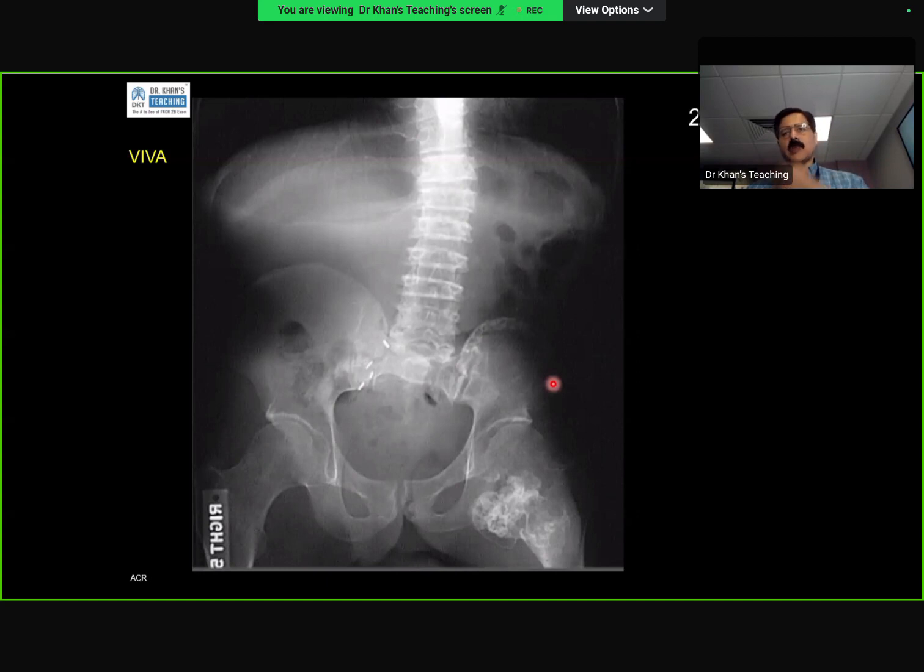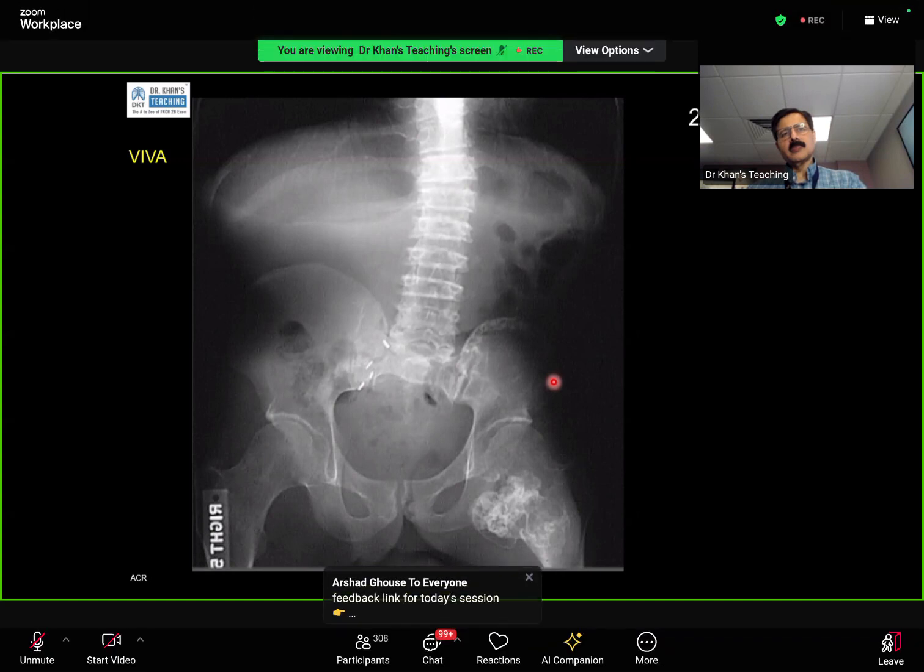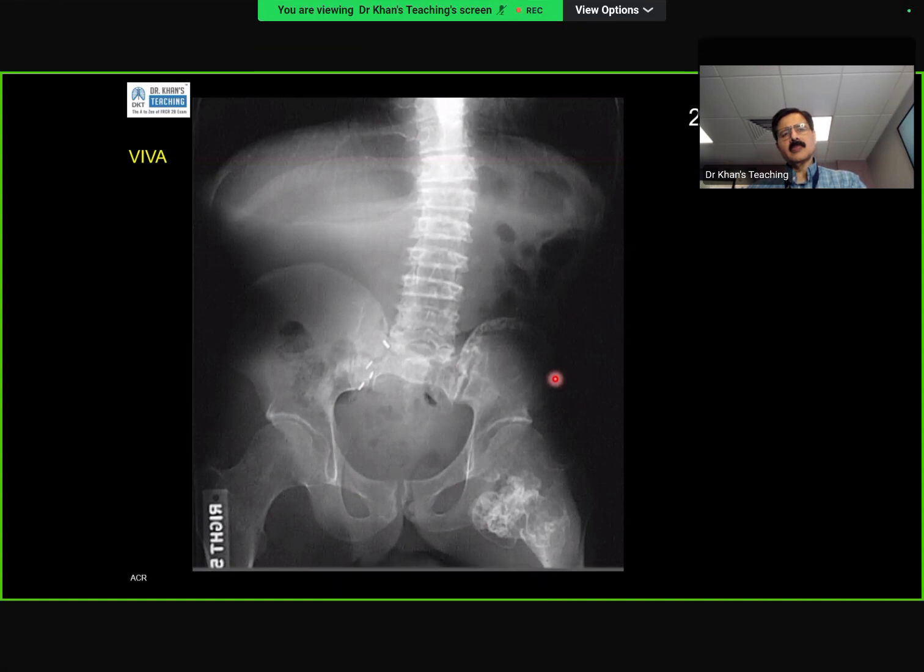No paraplegia, no spinal tumor. Okay. So I will also compare with the previous images to see if this was present before or not. I will suspect congenital anomalies or congenital disease such as polio. Nothing like that.